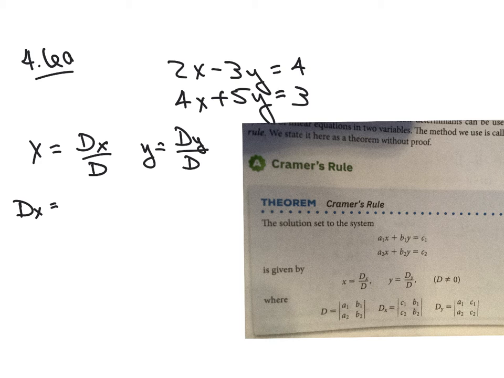Dx is c1, b1, c2, b2 in a 2 by 2 determinant.